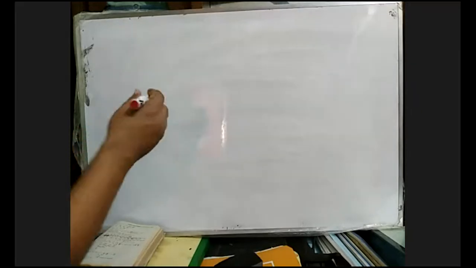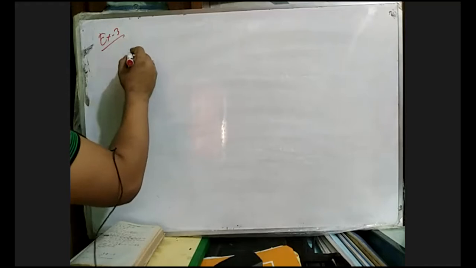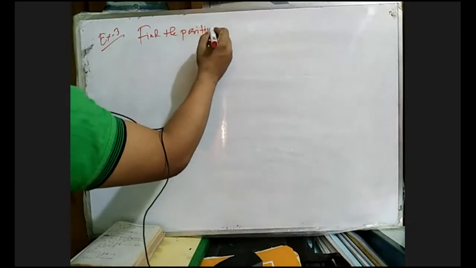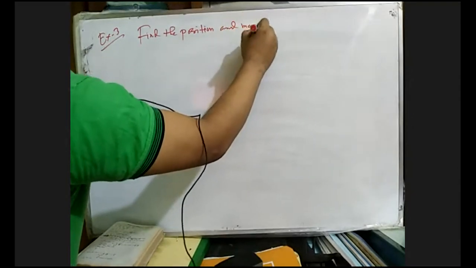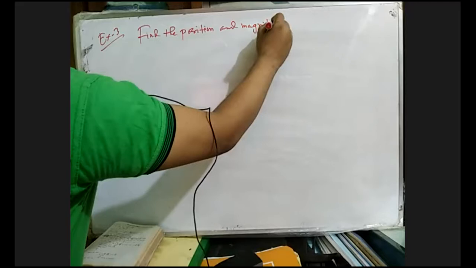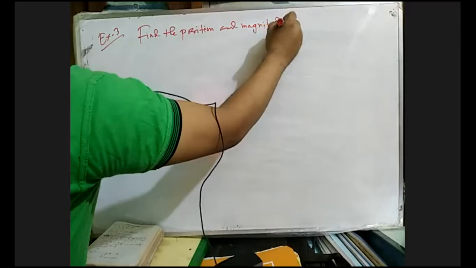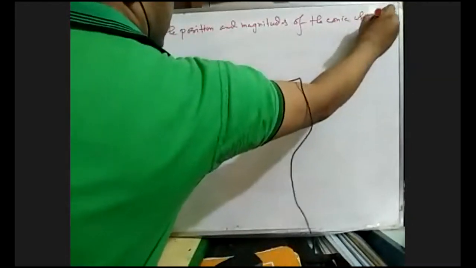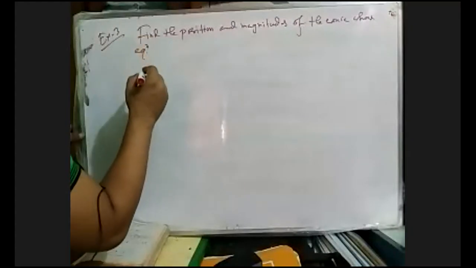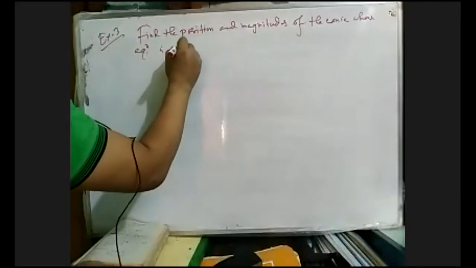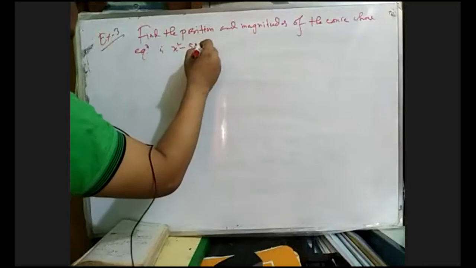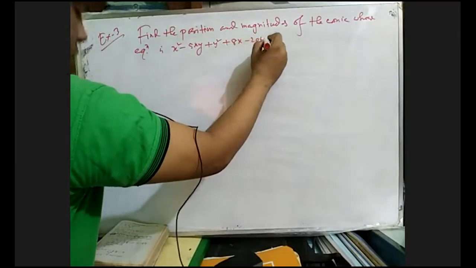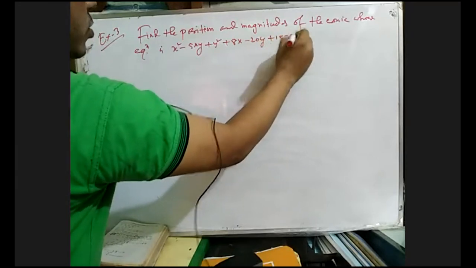Now, example 3. Find the position and magnitudes of the conic whose equation is x square minus 5xy plus y square plus 8x minus 20y plus 15 equals to 0.